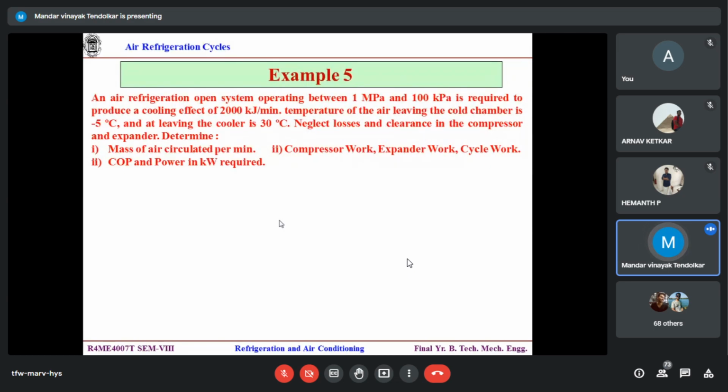You can use it as it is, or convert it to kilowatt, whatever way you are comfortable with. Temperature of the air leaving the cold chamber is minus 5 degrees Celsius. So that means T1. Cold chamber means refrigeration chamber, and leaving, so that is entering the compressor at T1. And leaving the cooler is 30 degrees Celsius. Cooler means heat rejection.